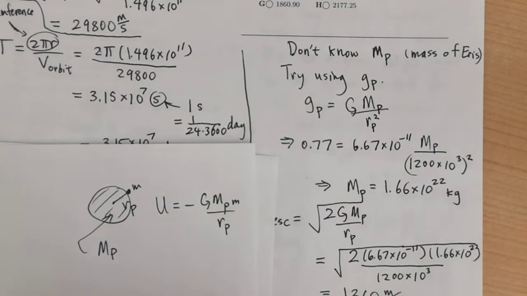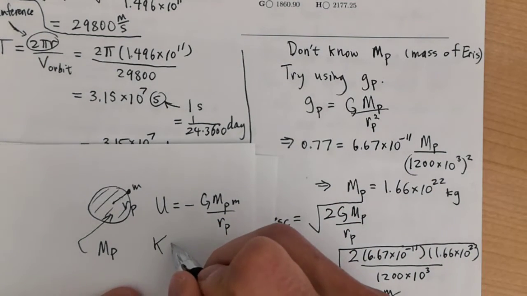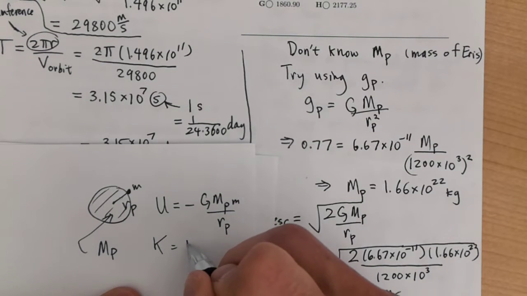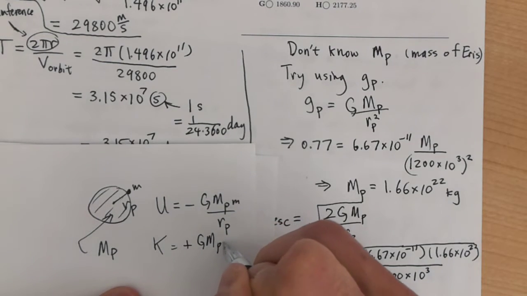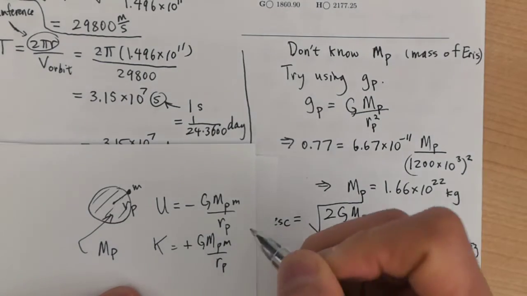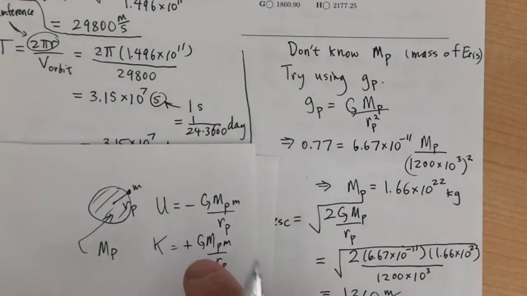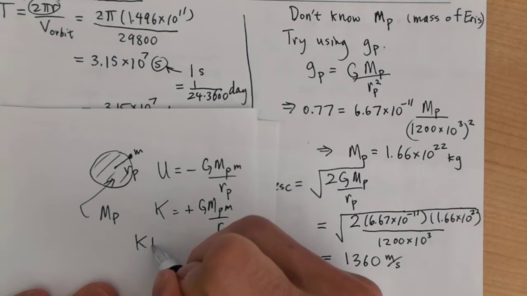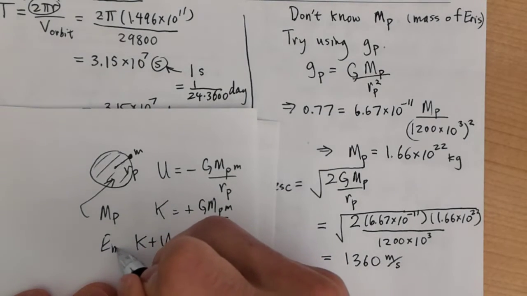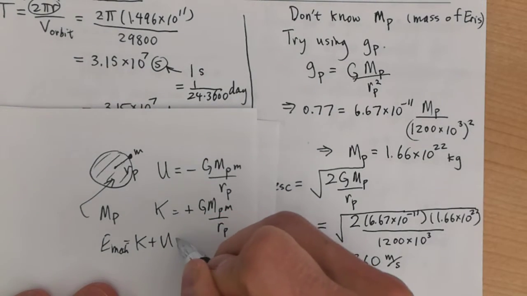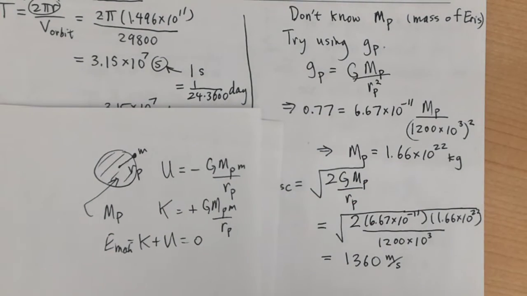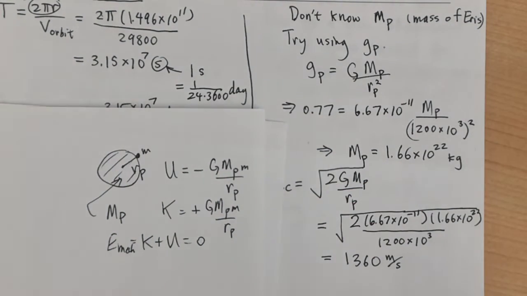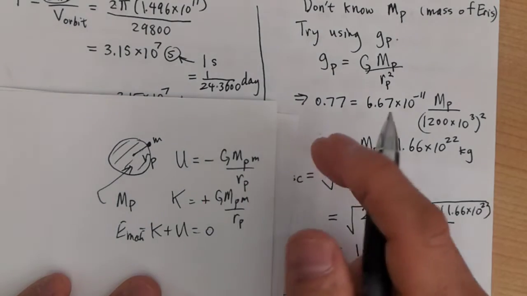What you need is for the kinetic energy to be equal to positive G M_P m over R_P. If that's equal to the positive value of the potential energy, then K plus U, the total mechanical energy, will be equal to 0, and then you have enough energy to escape.